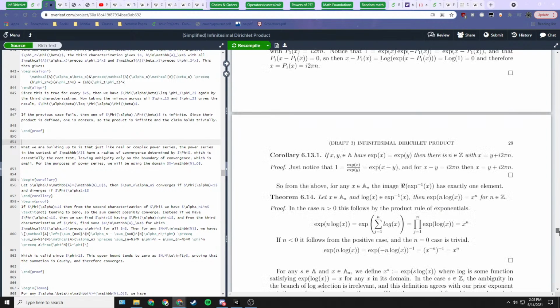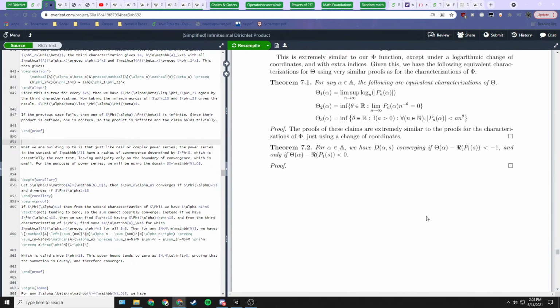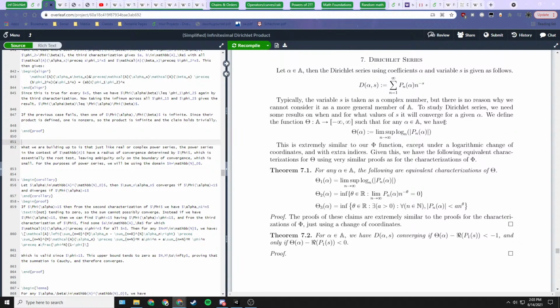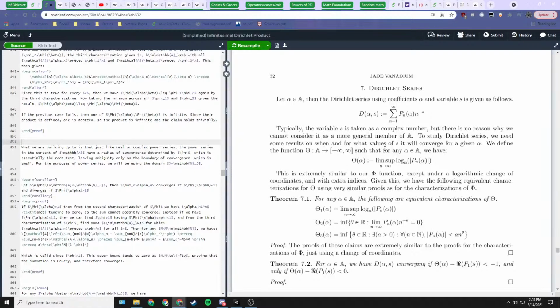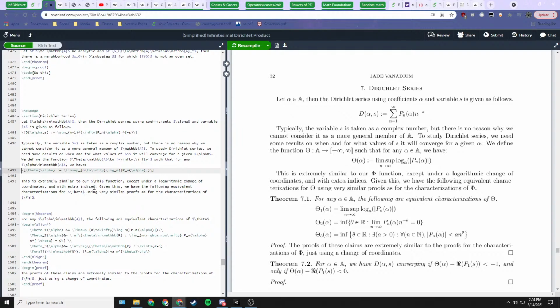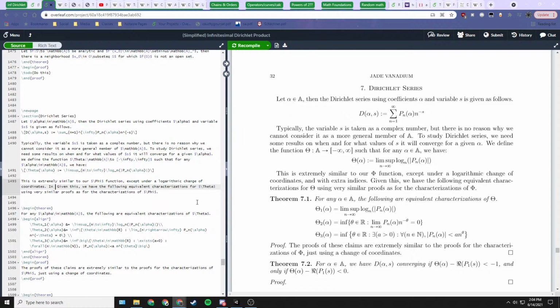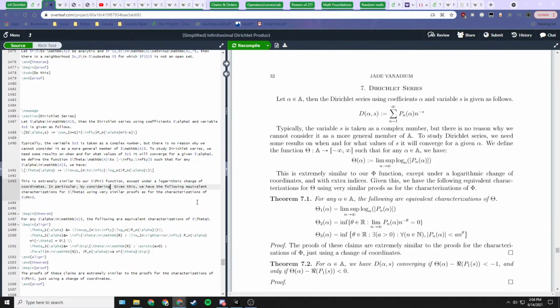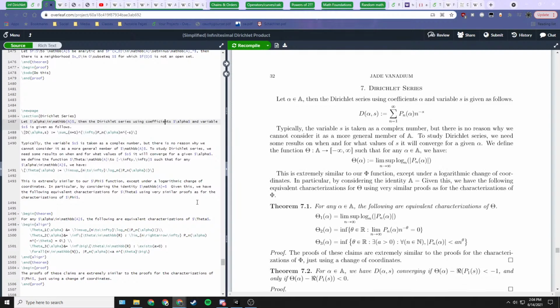So let's go back down to Dirichlet series. So now we can actually prove these characterizations. So in particular, by considering the identity, actually let me think about this one.